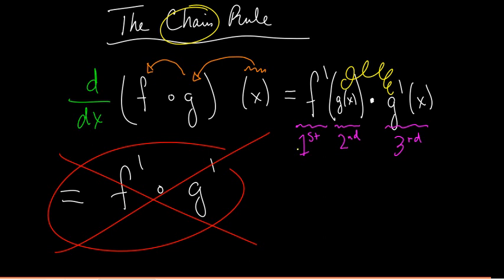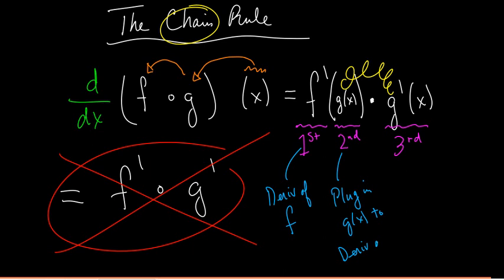So just to write that out in words, we have that the first thing you do is you take the derivative of f. The second thing you do is you plug in g of x to f prime, in other words, the derivative of f. And the third thing is you just take the derivative of g.